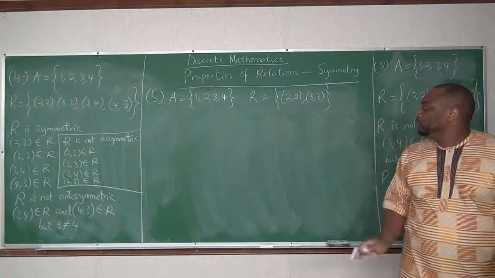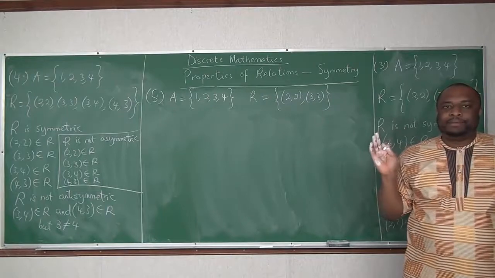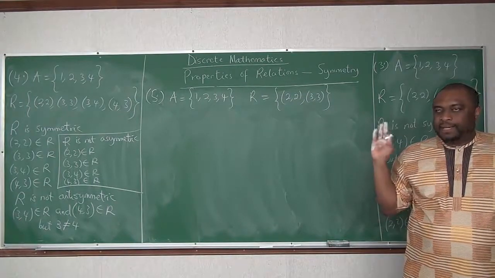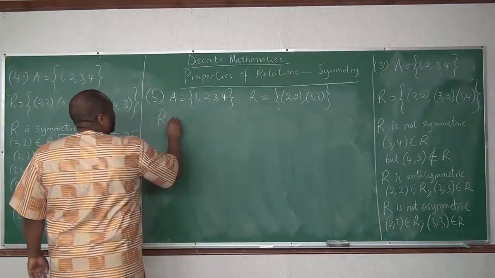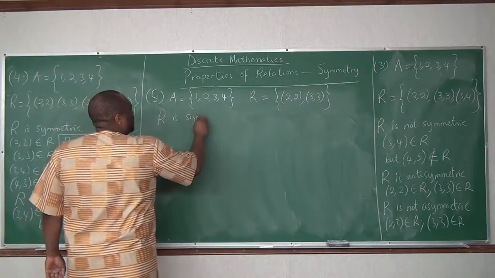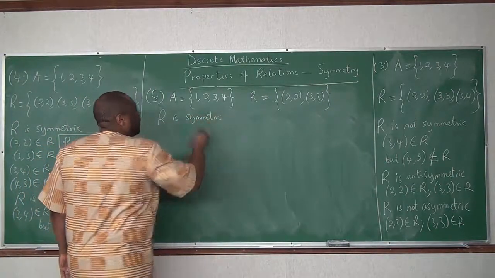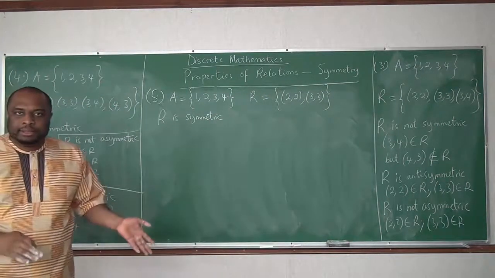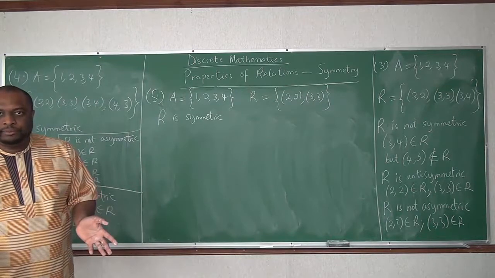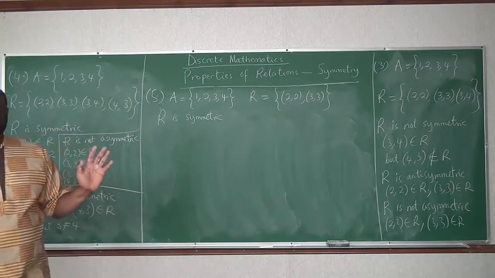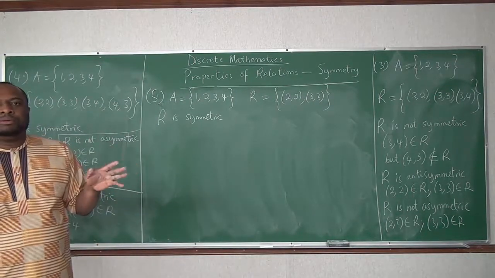Fine. R is symmetric, because you have (2, 2), you have (3, 3). So R is symmetric.